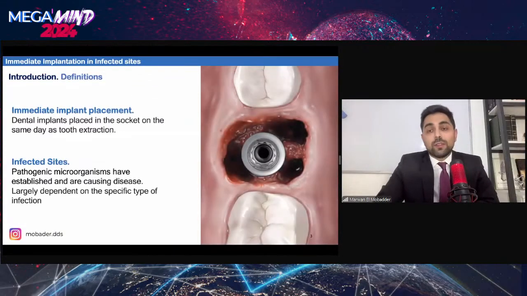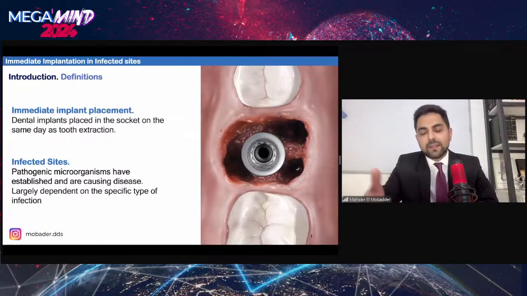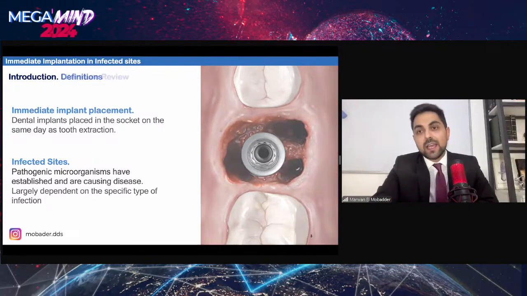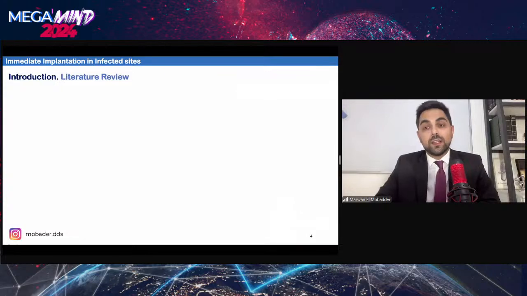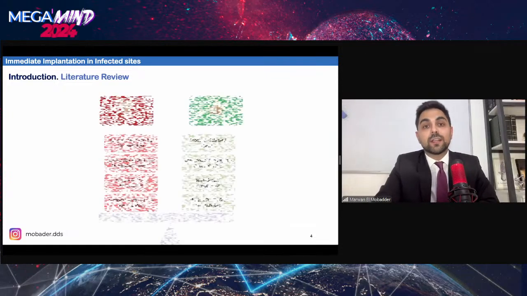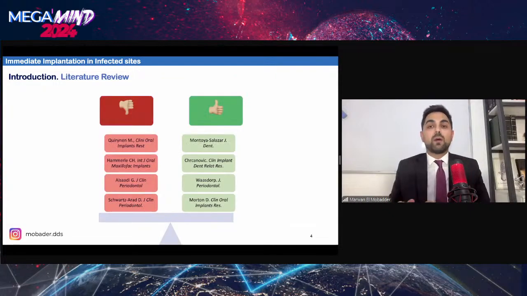Now, since we have only 15 minutes, I think that all of us here know the definitions, so I will skip the definition of immediate implant placement and infected sites, and I will move directly to the literature, which I think is very compelling. One of the reasons why I have chosen this topic is that, as you can see in the literature, there is until today somehow a controversy. So some authors, some articles are against immediate implantation in infected sites, and some authors are for.